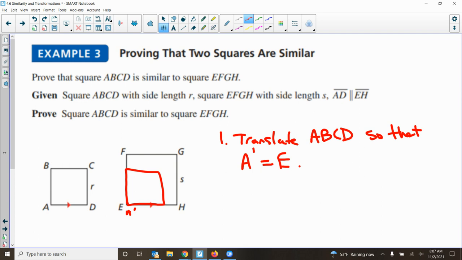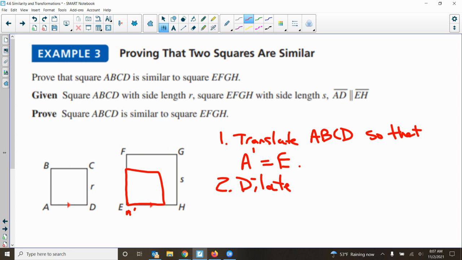If we're going to have a dilation, you need to give me two pieces of information: the center point of that dilation, and the scale factor of that dilation. I will grade you on that. I want to see the scale factor, and I want to see the center point.